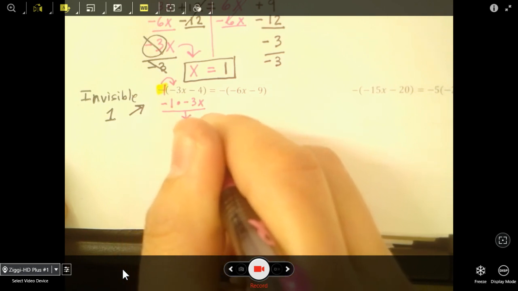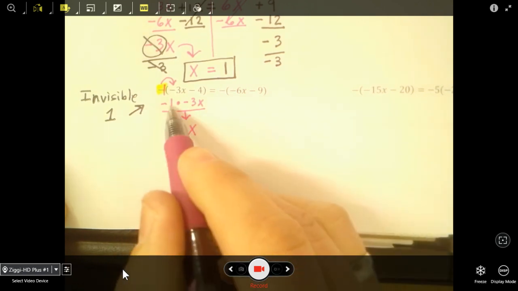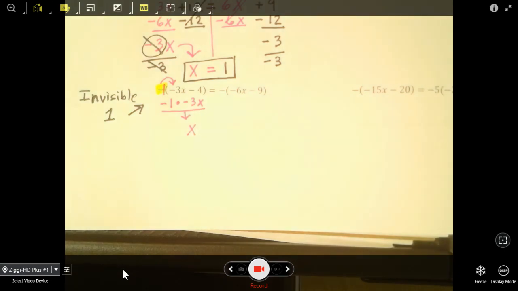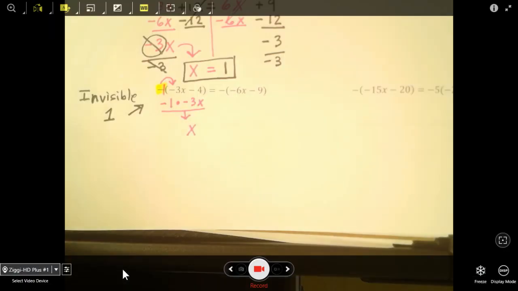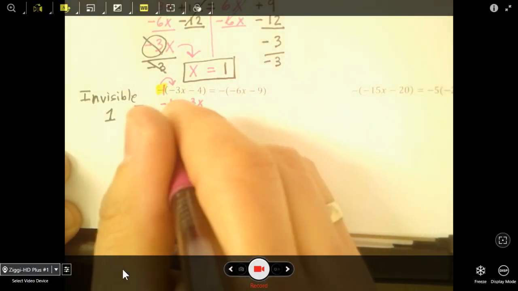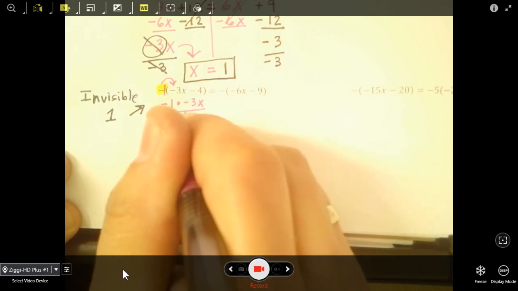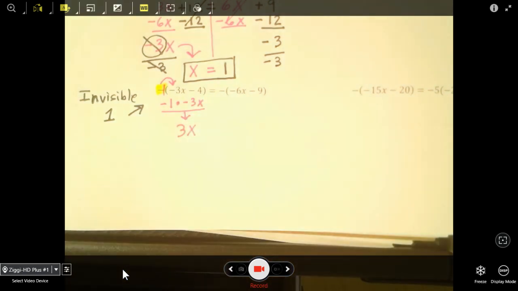In other words, the x isn't going to change. I can multiply the negative 1 and the negative 3 in my calculator and see what it gives me. So if I do negative 1 times negative 3 and hit enter, notice it gives me a positive 3. So I'm going to write that positive 3 in front of it. So this went from negative 1 times negative 3x to a positive 3x.